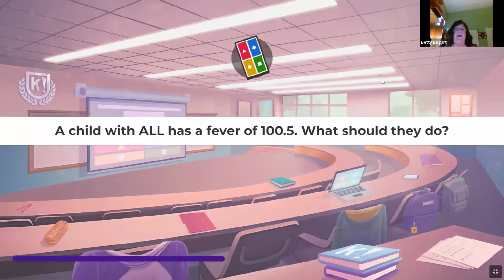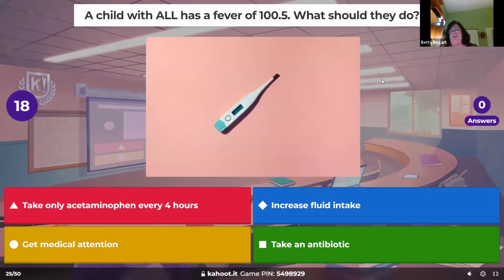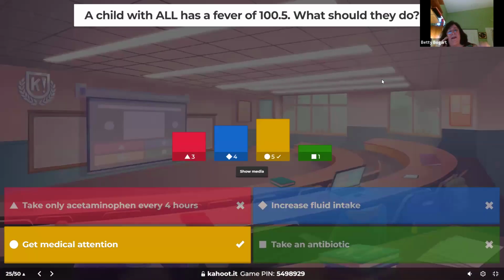A child with ALL has a fever of 100.5. What should they do? What are they taught to do with a fever? Acute lymphocytic leukemia. They have a fever. They need to tell their doctor or they need to go to the ER.